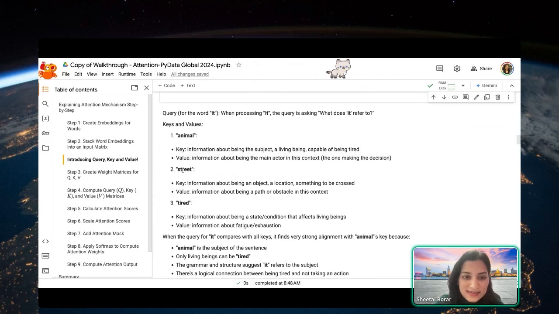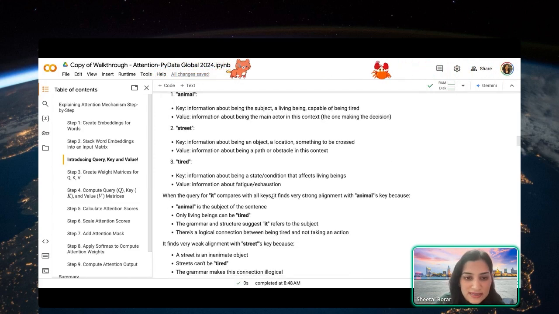Then, if we look at the street, the key of street is that it's an object, it's a location, it's something to be crossed. Value is the information about it being a path or an obstacle in this context. So we can see what key and value essentially mean in relation to any specific word. Key is information about that word, and value is some more extra information about that word in this specific context, in this sentence that we are looking at.